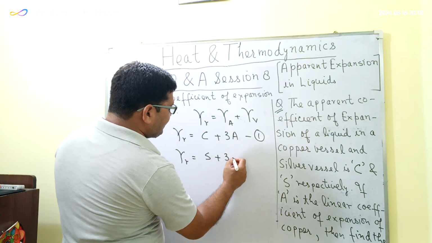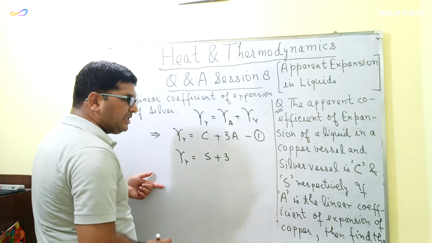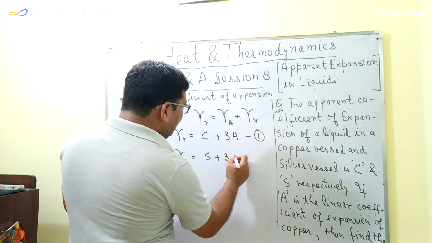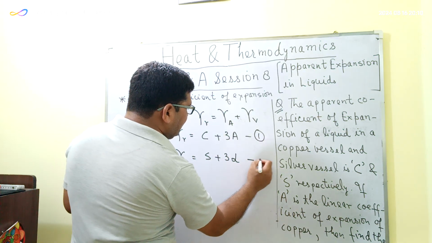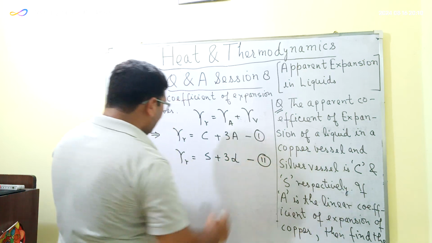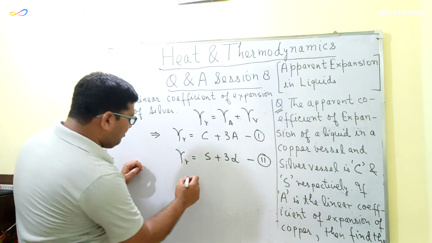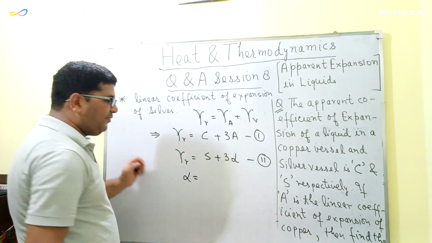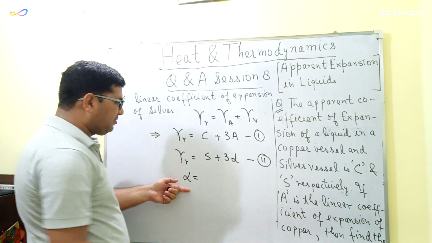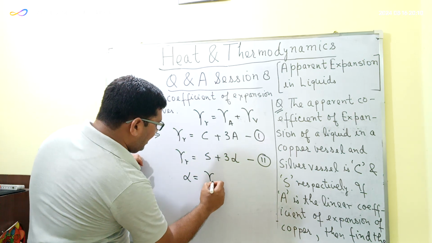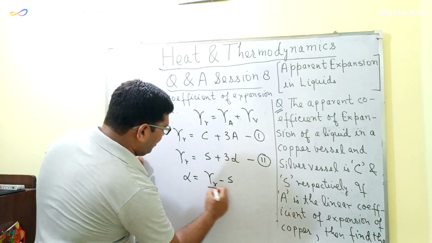Let us say this linear coefficient of expansion of the silver vessel is alpha. So I will be getting another equation, that is gamma R will be equal to S plus 3 alpha. So from equation number 2, alpha, the coefficient of linear expansion of the silver, will be equal to gamma R minus S upon 3.